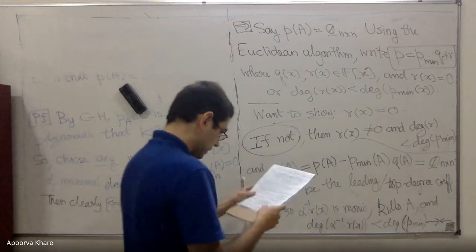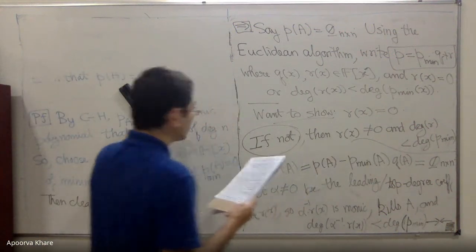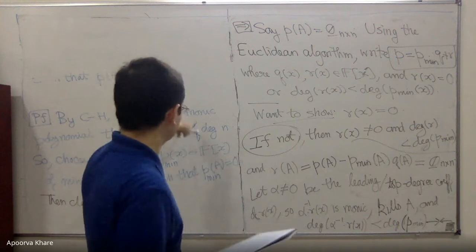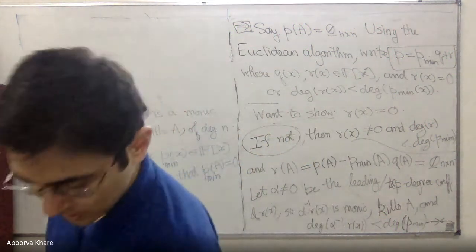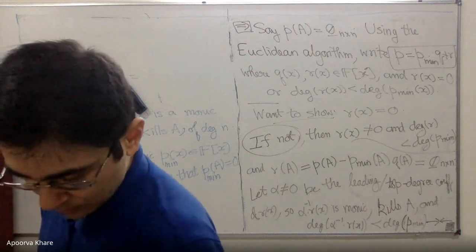Okay, anything else I have to say here? Sorry, I never defined the minimal polynomial. So now let me define. This polynomial, the unique one, is called the minimal polynomial.